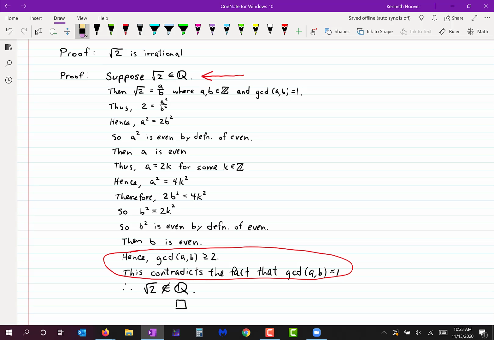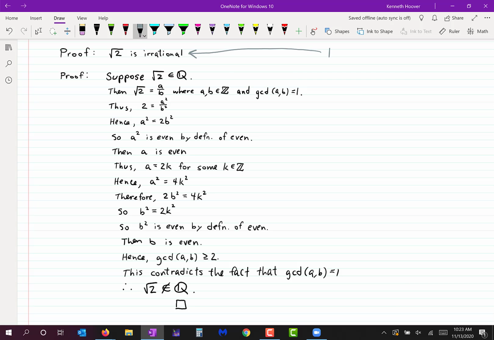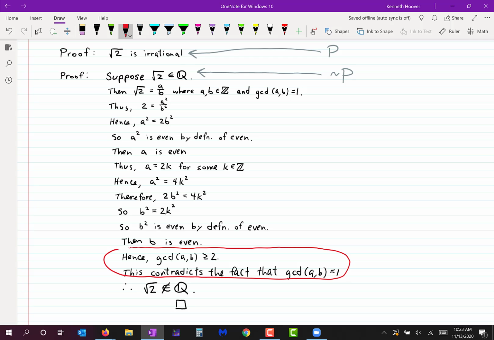Okay, let's go through this again one more time. We're trying to prove this. Let's just call it P. We assume the negation of P, and we show that the negation of P causes a contradiction, which means the negation of P cannot be true.